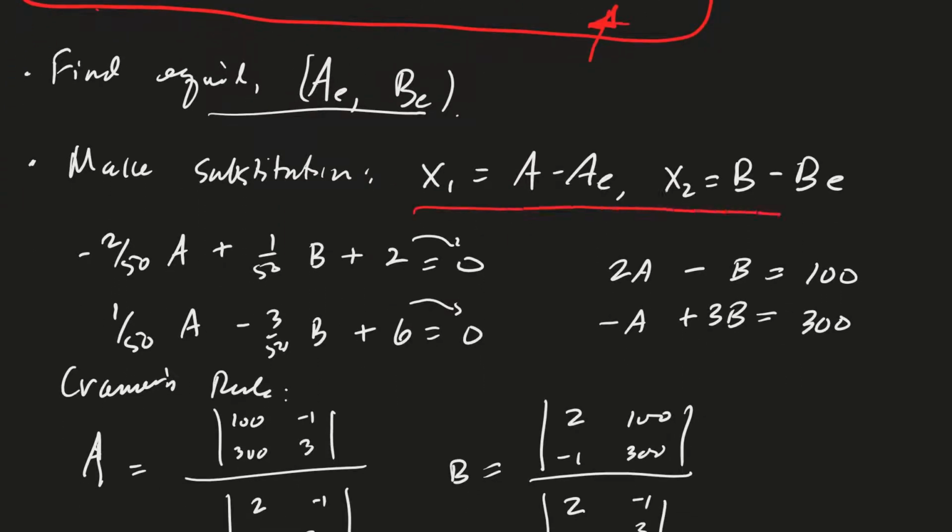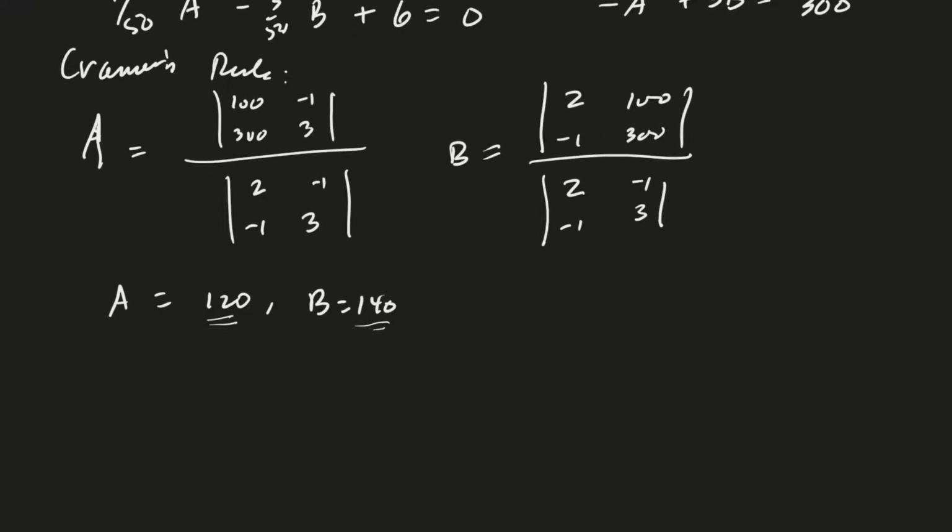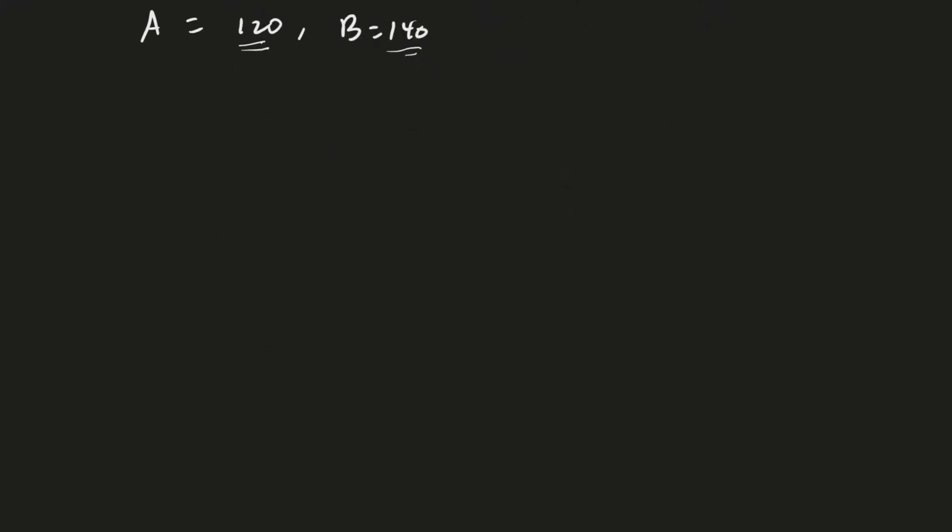If we make this substitution, then that should work. So let's see how that works. I want to make the substitution: X1 is A minus 120, and X2 is equal to B minus 140.